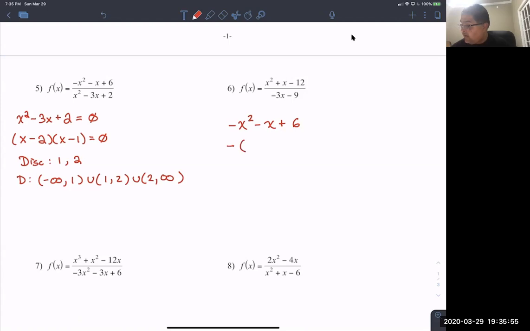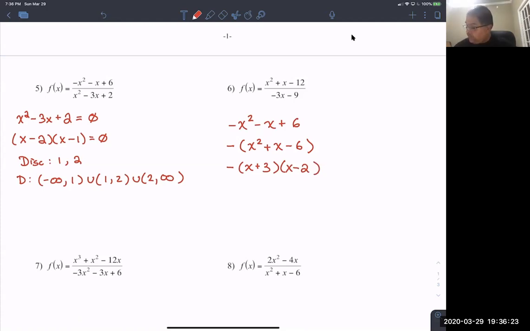By factoring out a -1, all the signs change for all the terms. So when I factor this, what do I get? Two numbers that multiply to give me -6, but combine to give me +2. So that is x plus 3, x minus 2. That is the numerator factored.